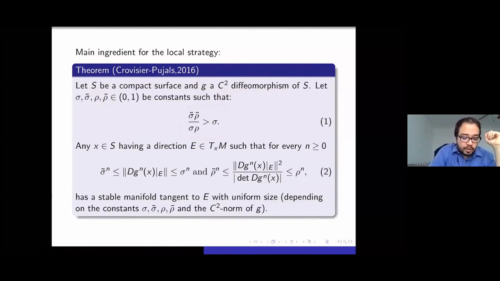Then what happens is that for any point in that surface having a direction with the following property, for any positive time, if you look at the action of the derivative on that point in that direction, you have good contraction, but you also have a good control on this action from below, given by this sigma tilde. So this is a contraction type of condition.